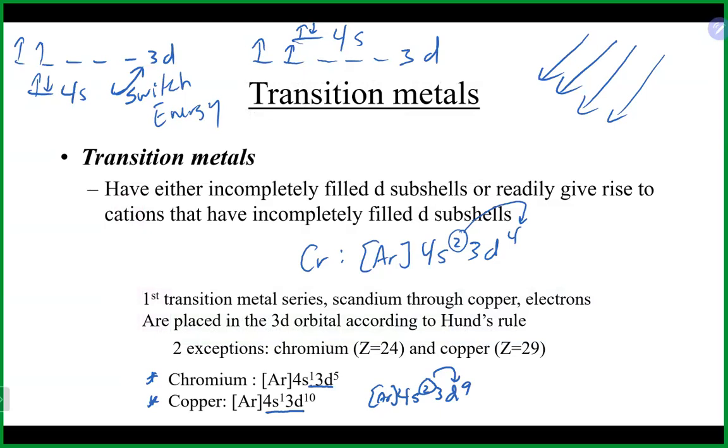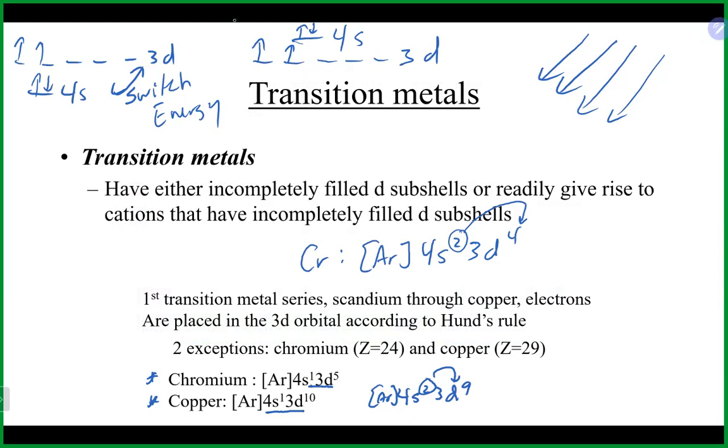Now, looking at this slide as well, when transition metals lose electrons, they lose electrons a little bit differently than how representative elements do. And it has a lot to do with what we see on this slide.